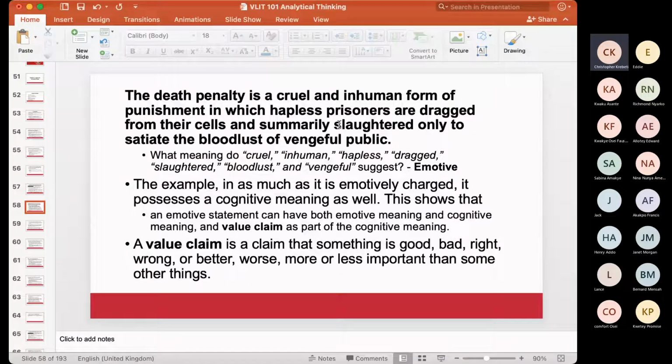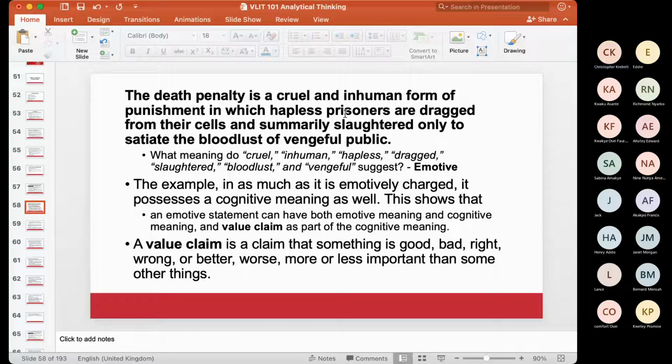So what then is a value claim? A value claim is a claim that something is good, something is bad, something is right, something is wrong, or something is better, or something is worse, or more or less important than some other thing. So to say that this one is more important than that is a value claim.